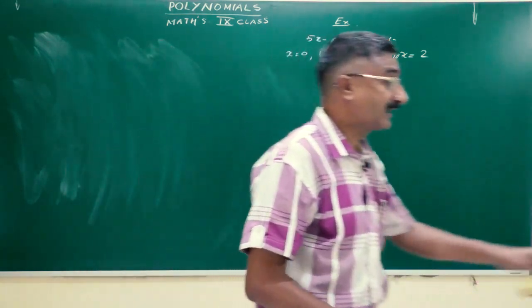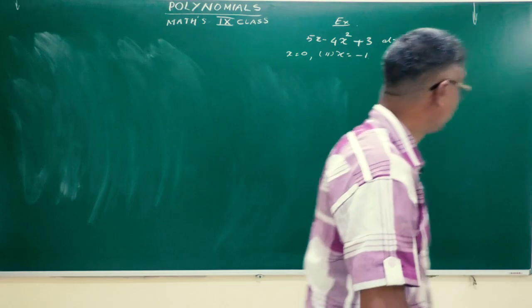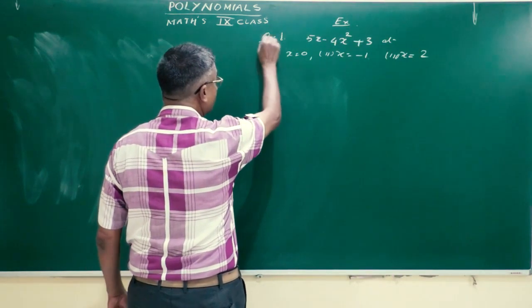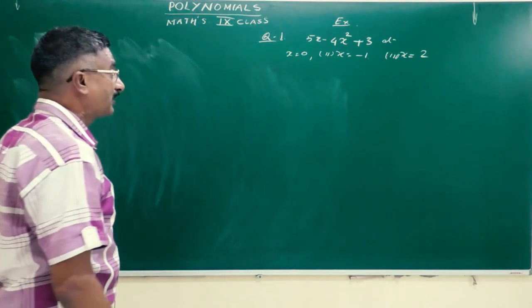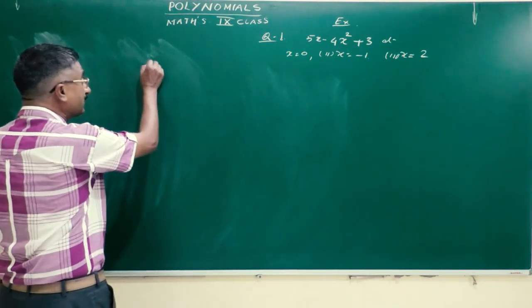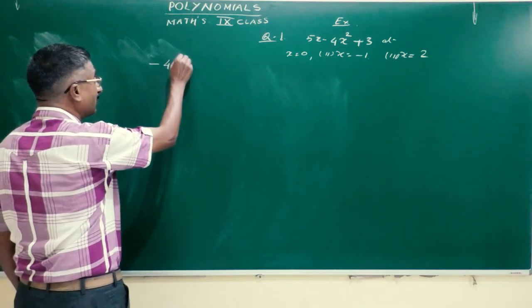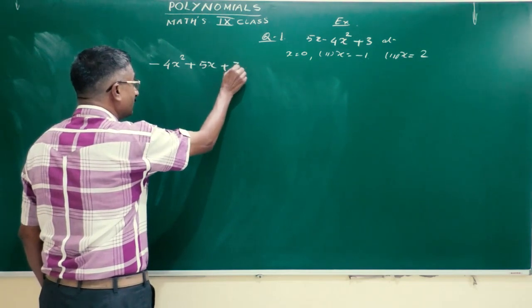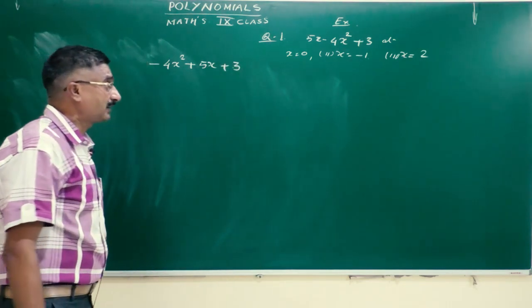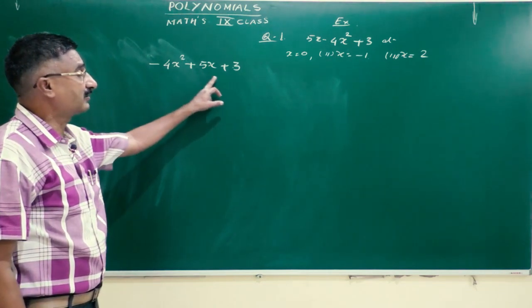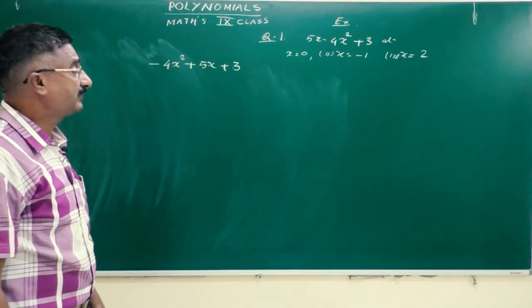Now exercise 2.2, question number 1. The polynomial is 5x square minus 5x minus 4x square plus 3. So we can arrange this as minus 4x square plus 5x plus 3. Arranging means the highest degree is written first, in descending order of the power of the variable.